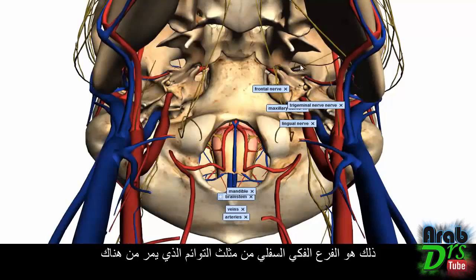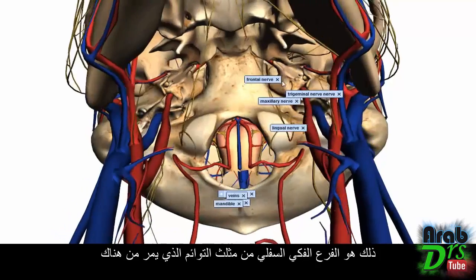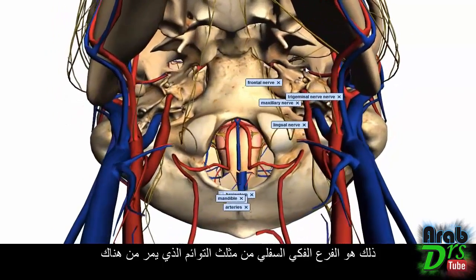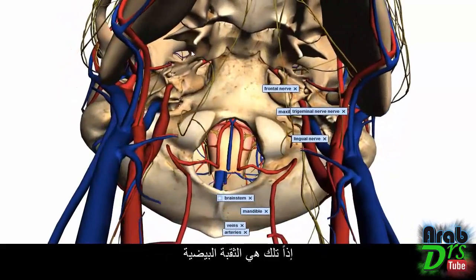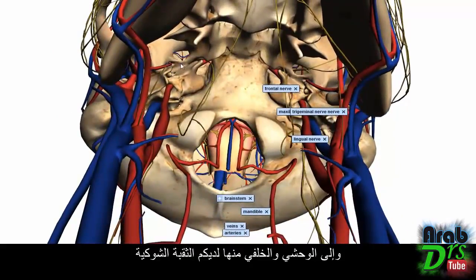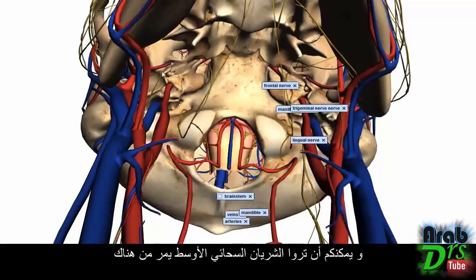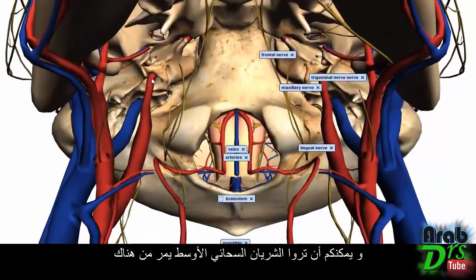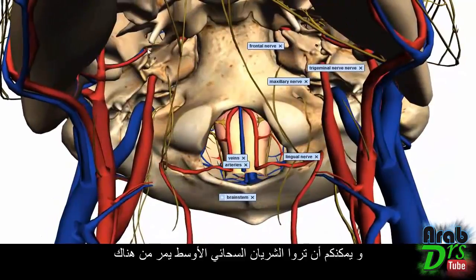That's the foramen ovale, and then remember lateral and posterior to that you've got the foramen spinosum. So you can see the middle meningeal artery going in there.